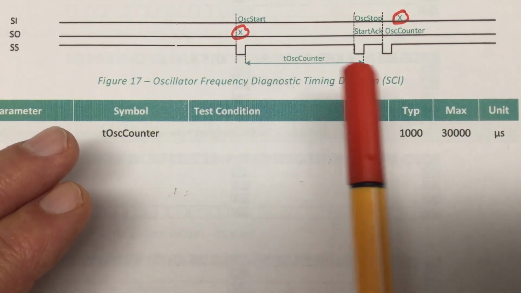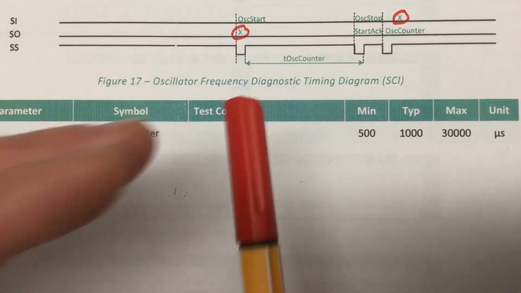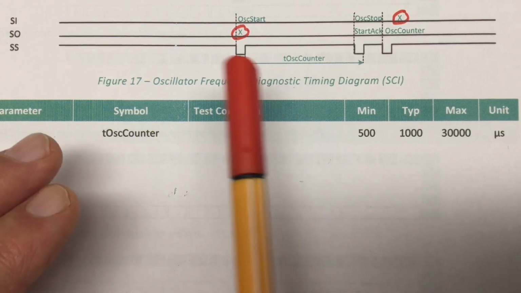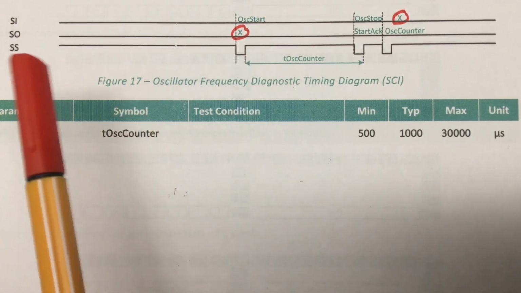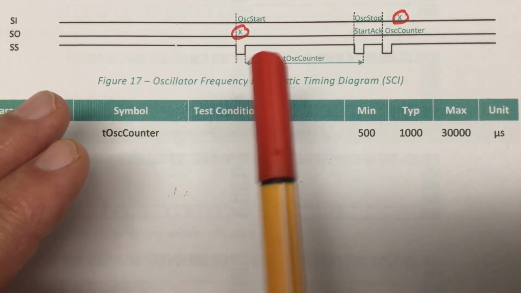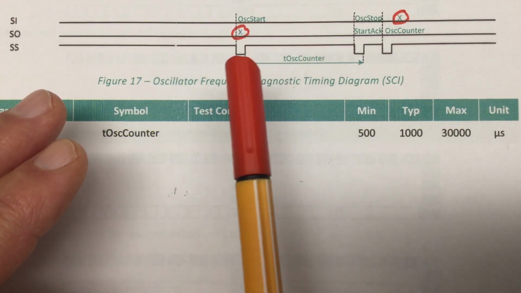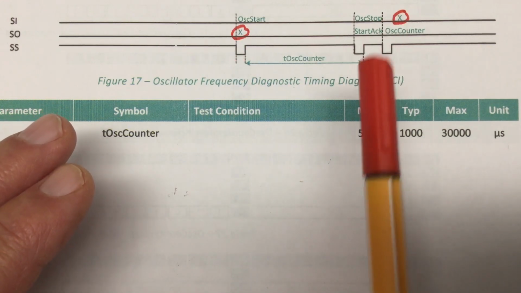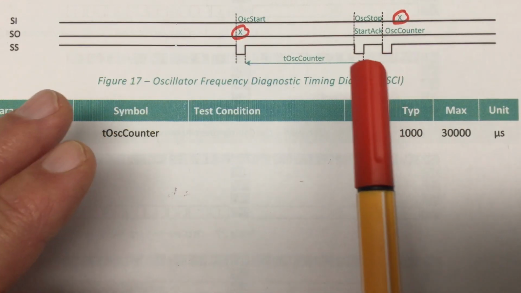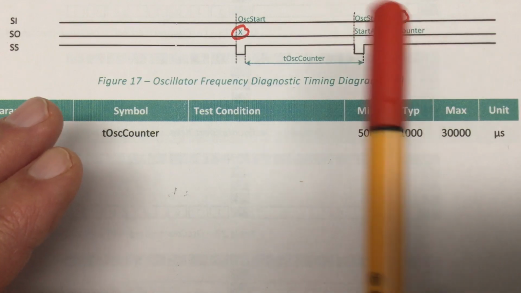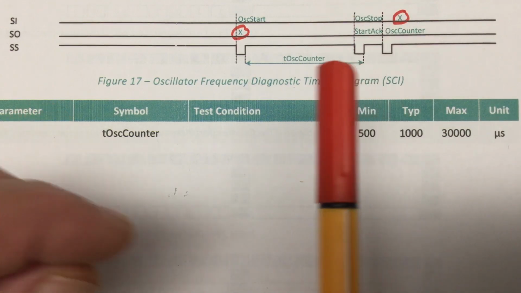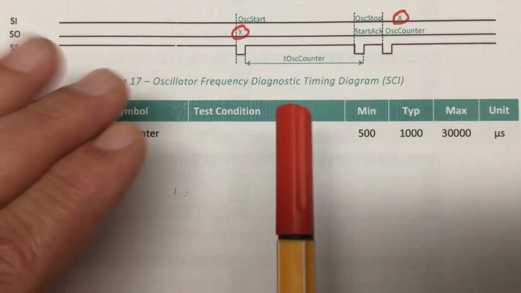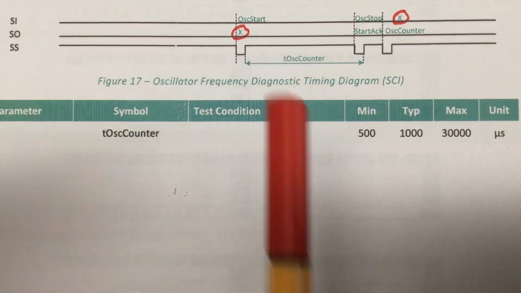And here T oscillator counter is defined as the time between the rising edge of the slave select line after the first SPI transaction and the rising edge of the slave select line after the second SPI transaction. Quite hard to implement in Arduino land, but anyway.